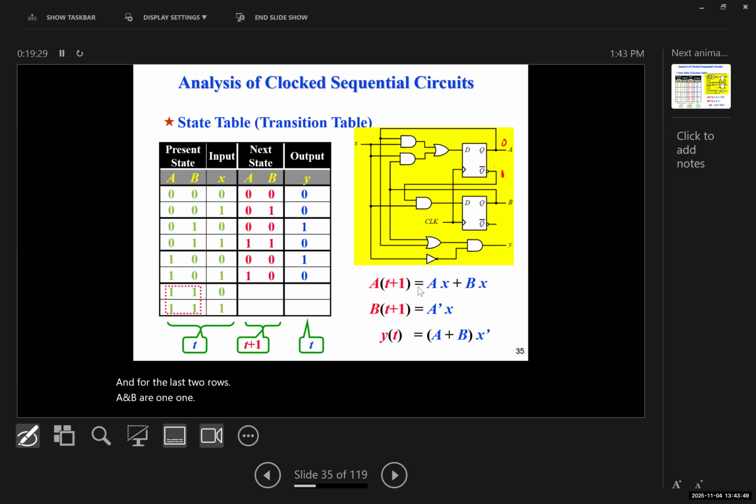I want to find A, B, Y. Okay, and what is the next row? 0, 0, 1 and 1, 0, 0. Perfect, thank you.